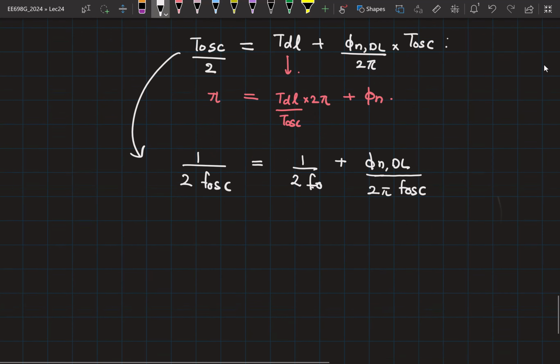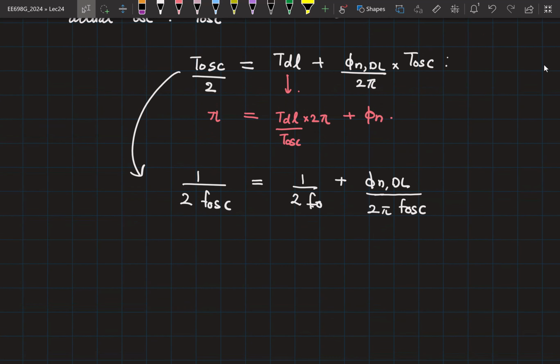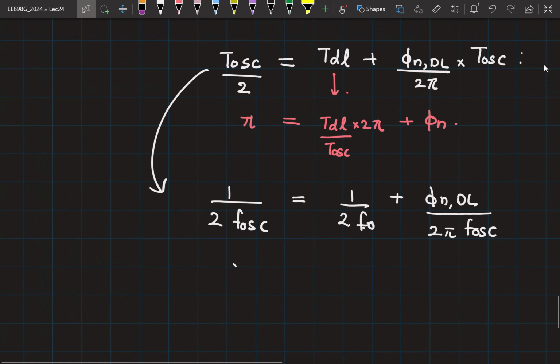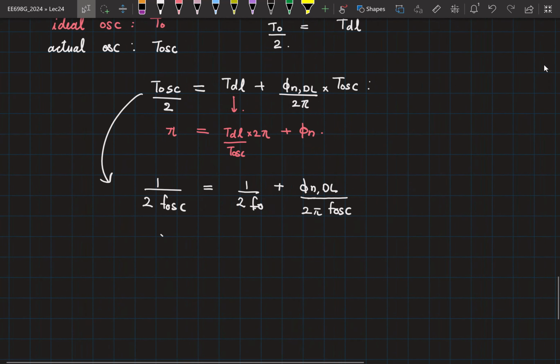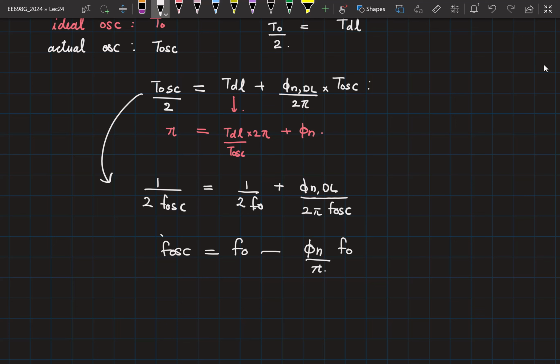Once I write it in this format, I think it is obvious. You can rearrange things and you will get F oscillation equal to F naught minus phi n by pi into F naught. Is it okay now?